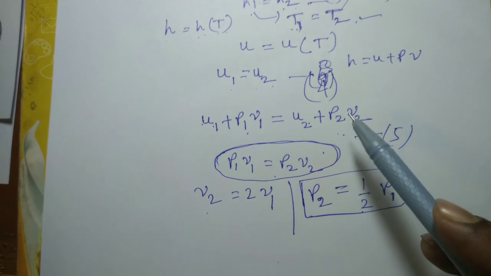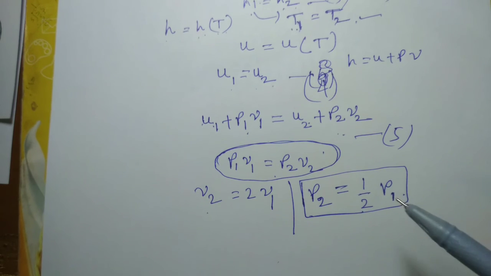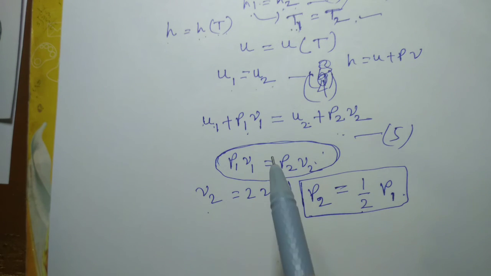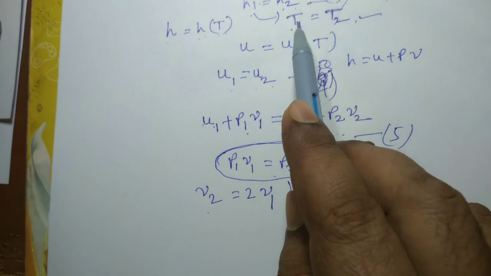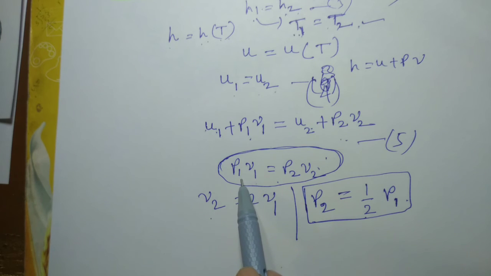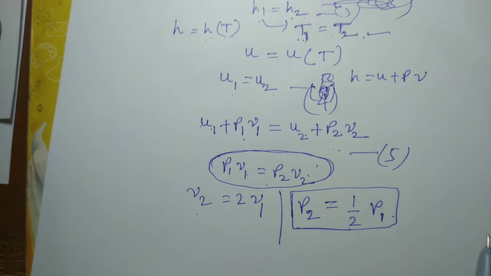We have to use these equations for solving some questions. You have to remember this: for ideal gas, T1 equals T2, and the product of pressure and specific volume is constant at both sections.